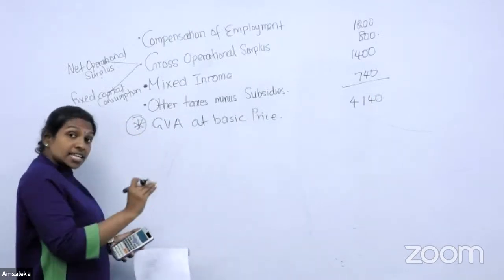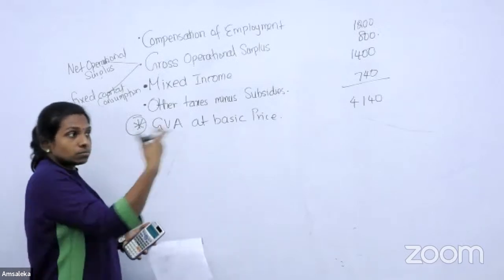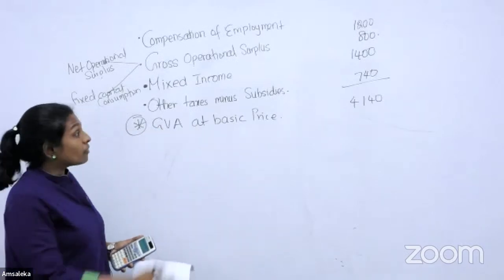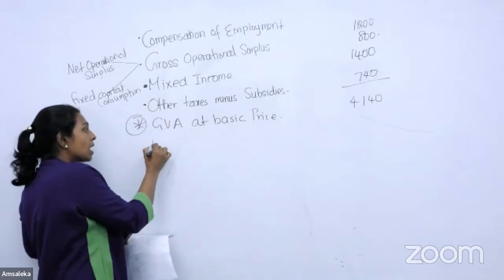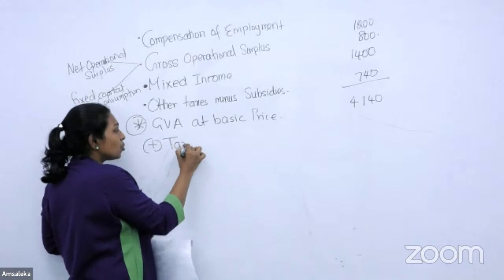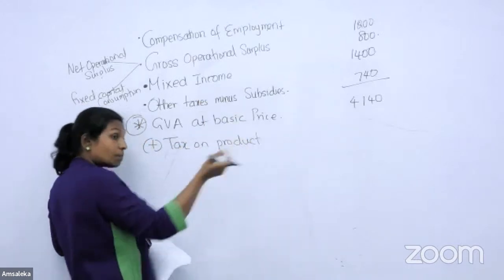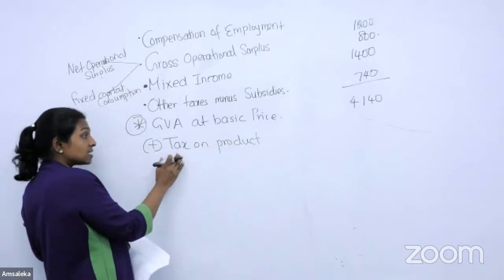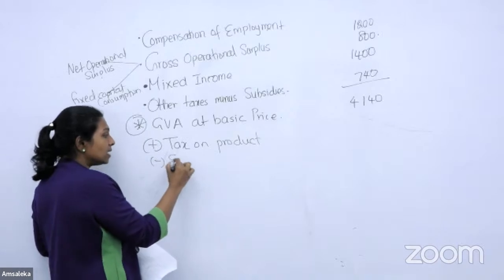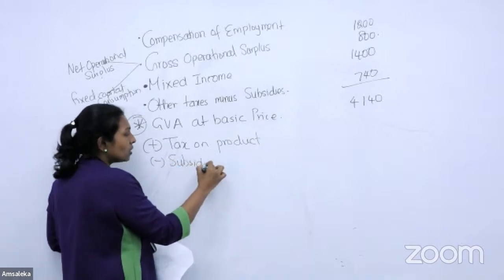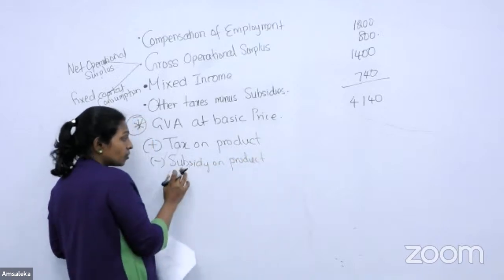Now, this is the price at which the product is ready to be issued, ready to go out. But when it comes to the market for sale, if tax is imposed on a product, tax is added, and any subsidy given will be deducted, because the subsidy is not your birthday gift, someone provided it.